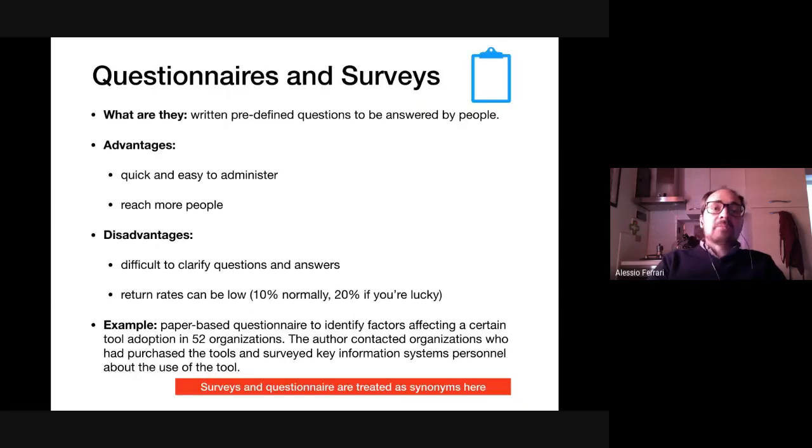The third type is questionnaires and surveys. Here I use questionnaires and surveys as synonyms, but actually there are some differences, of course, because a survey can be performed through a questionnaire or through an interview, because a survey is actually basically a list of predefined questions to answer, and I can ask people to answer through the web with a questionnaire, or I can ask people to answer directly, like the ones that come to you at the airport, for example.